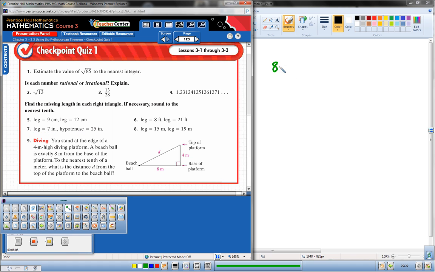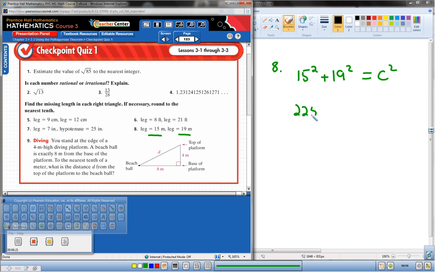Question number 8, back to leg and leg. So 15 squared plus 19 squared will equal the missing side, in this case the hypotenuse, so c squared. 15 squared is 225. 19 squared is 361, equaling c squared. 225 plus 361, I believe, is 586, equaling c squared.